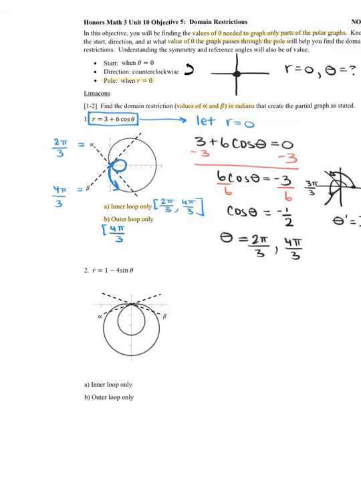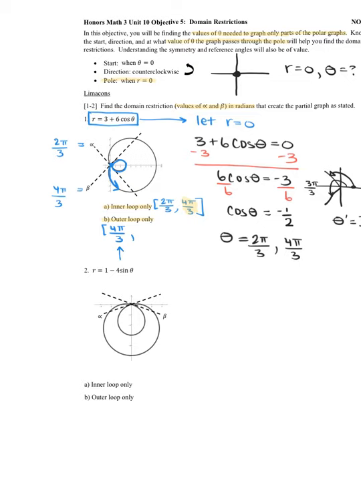I left off at 4 pi over 3, right? So this is where I stopped graphing the inner loop, 4 pi over 3. So the outer loop will begin to graph at the end of the inner loop, so that's at 4 pi over 3. And so now I need to figure out, when will it stop graphing?